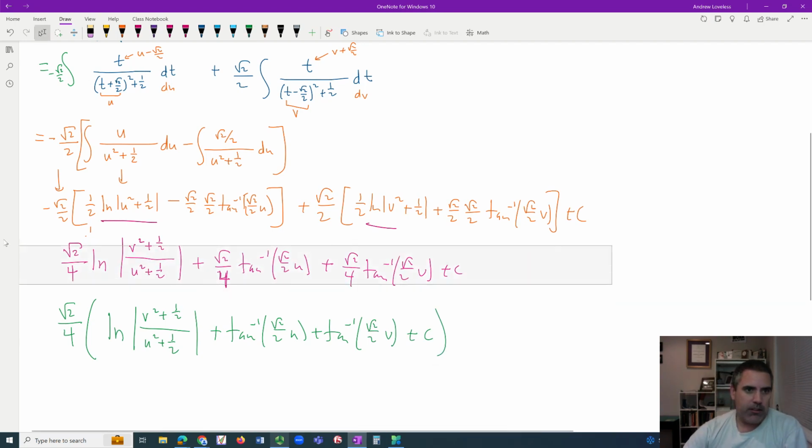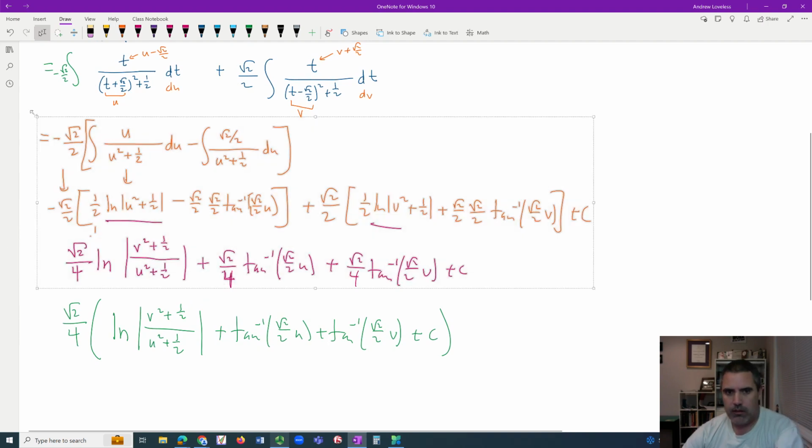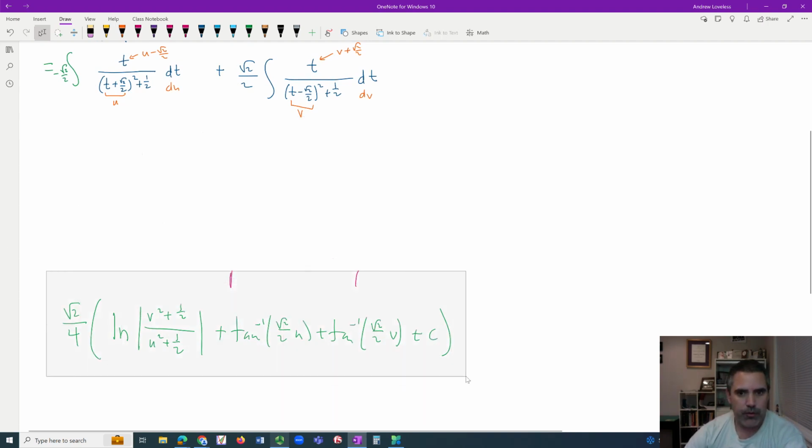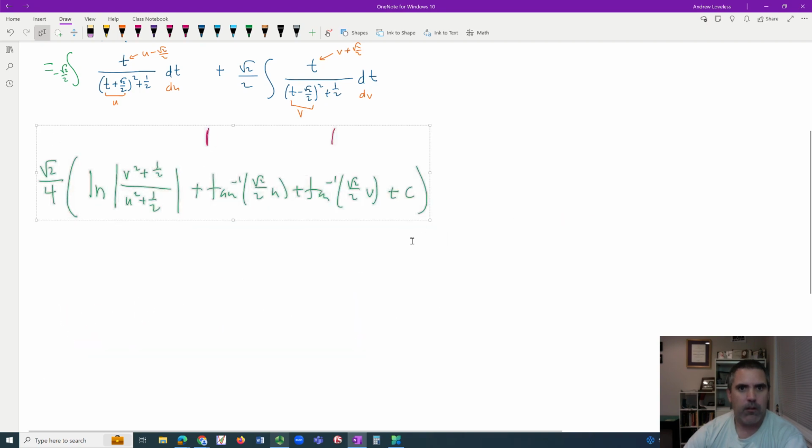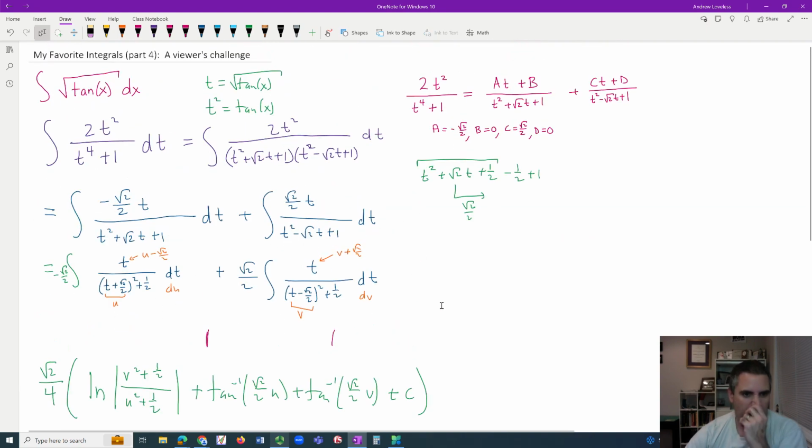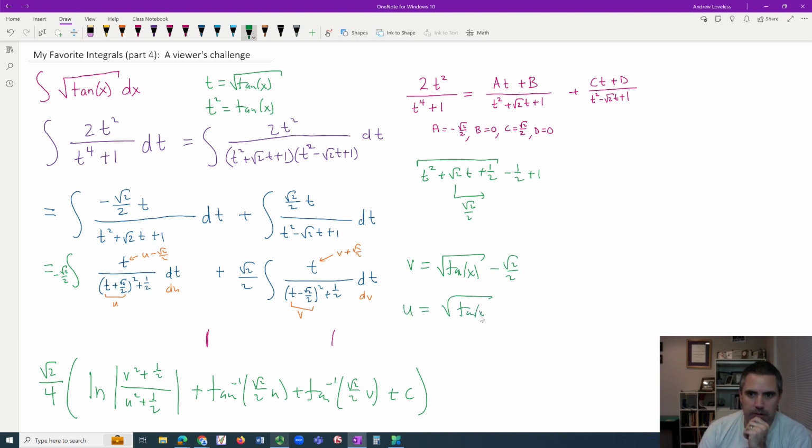All right, let's clear some of this out. Returned to where we were earlier. Okay, so v was t minus square root of 2. So v is equal, and t was square. So v is the square root of tangent of x minus root 2 over 2. And u is the square root tangent x plus root 2 over 2.